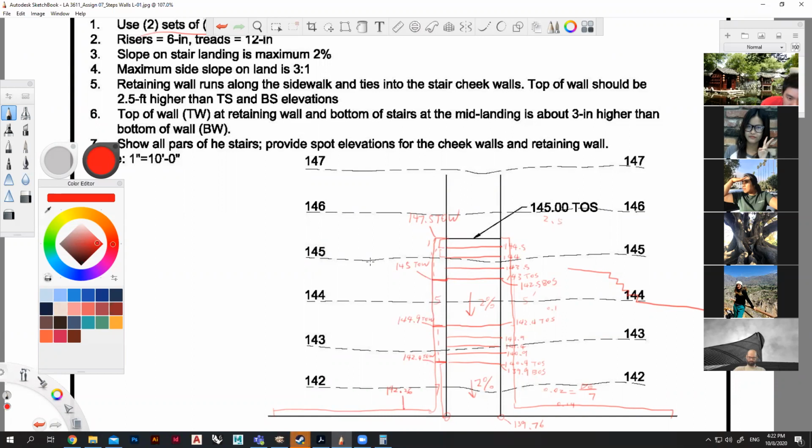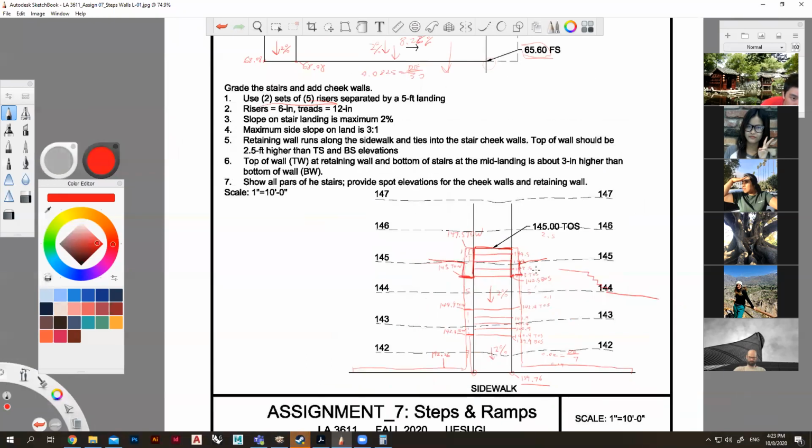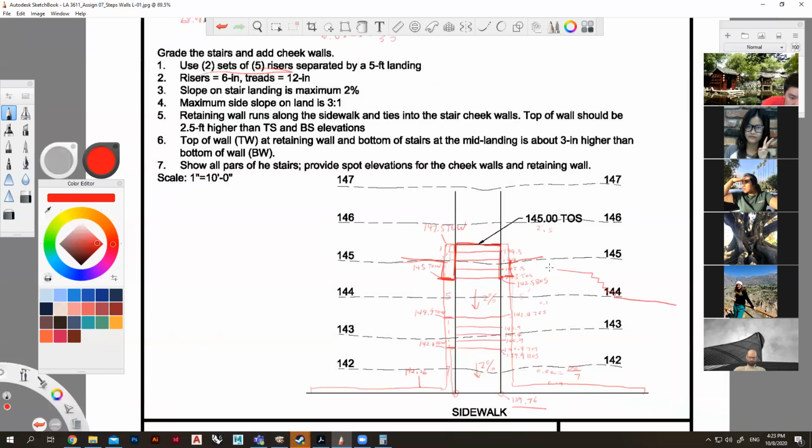If anything, it will hit here and continue to this 145, then this 145, and then connect back out. So that's your contour on the stair. You can do all of that, but I don't think you're required to.